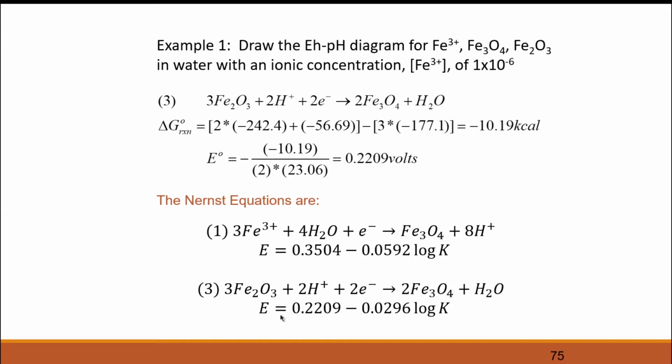This is equal to E equals 0.2209 minus 0.0296 logarithm of K. Again, 0.2209 here comes from E naught, which is this equation here.